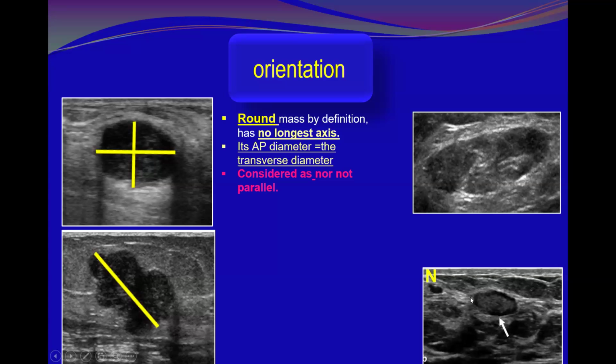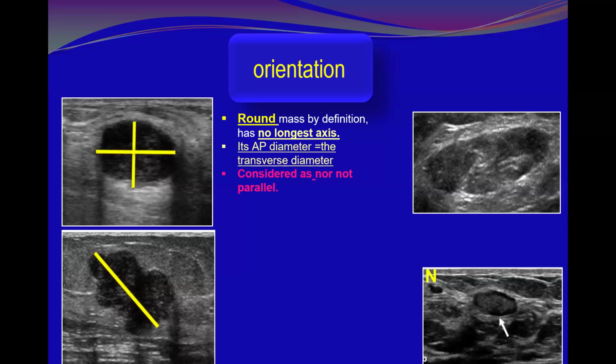Retroareolar. So what is the rule regarding retroareolar lesions, talking about the orientation? We have discussed that issue for a long time in our courses, regarding the orientation of retroareolar regions.